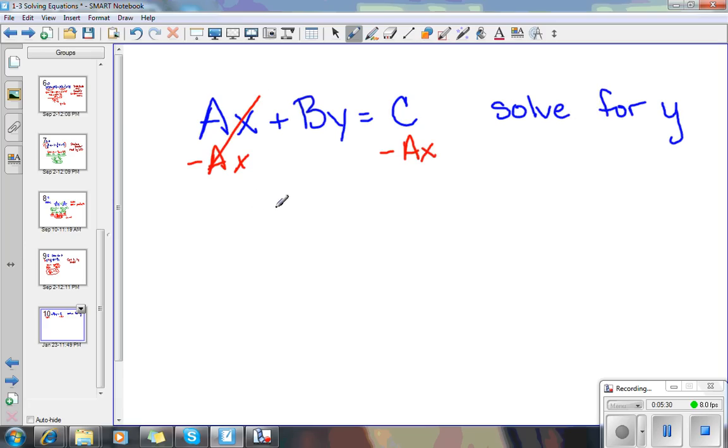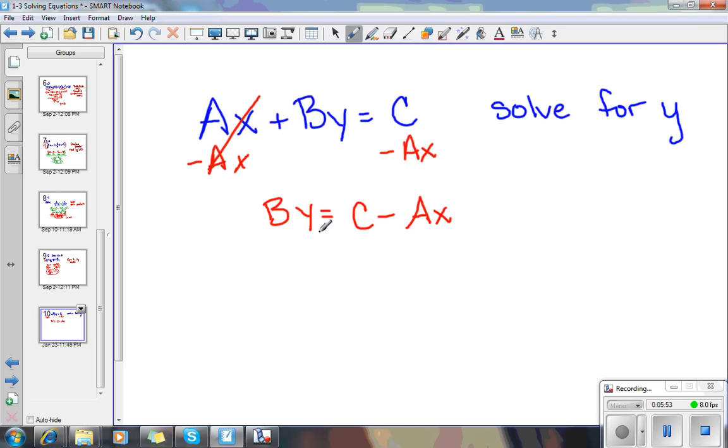So I'm going to have by equals, let me just write it this way, c minus ax. So I can't combine those because they're not like terms. So when I subtract ax, I just have to write it like that.